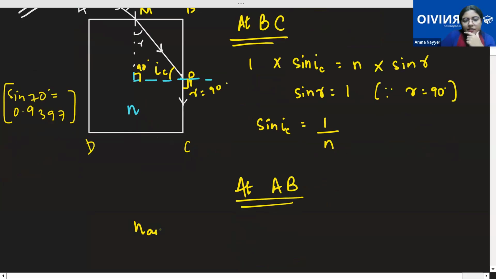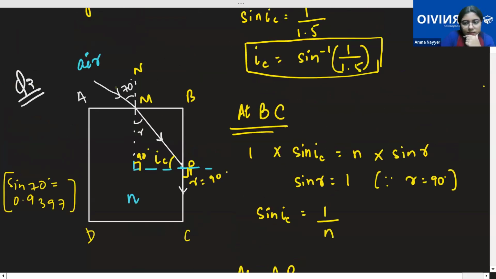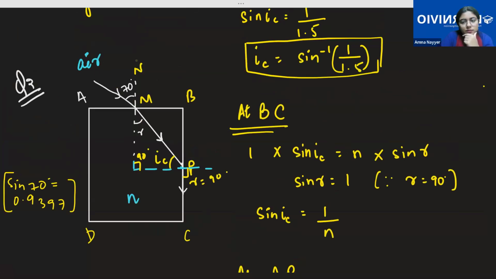Okay, let me write the refractive index of air into... Refractive index of air I have taken, multiplied to, how to apply Snell's law?